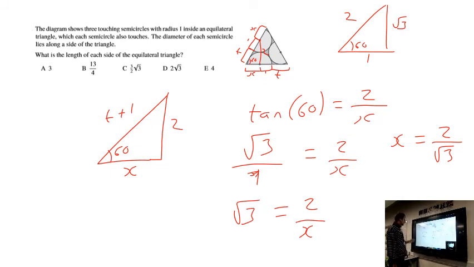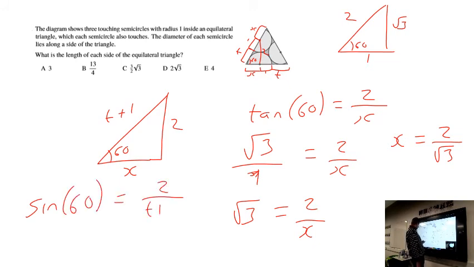Okay, now we can work out what t plus 1 is. So here, sine 60 is equal to 2 over t plus 1.